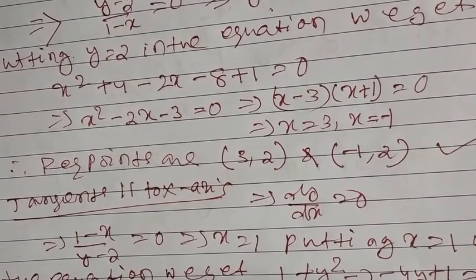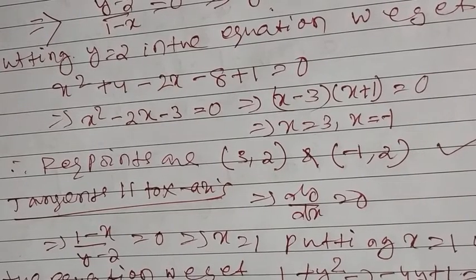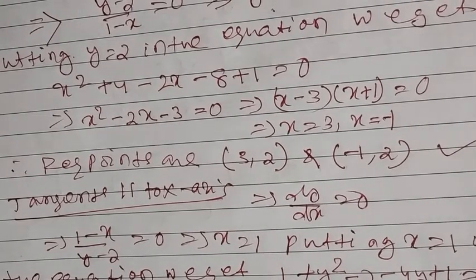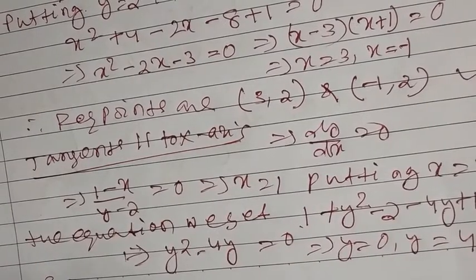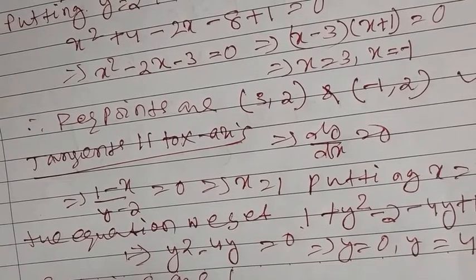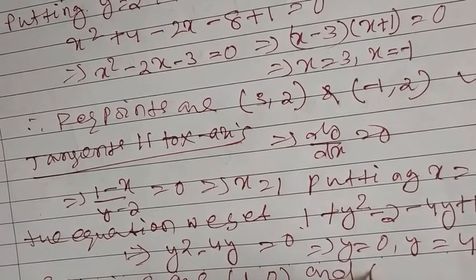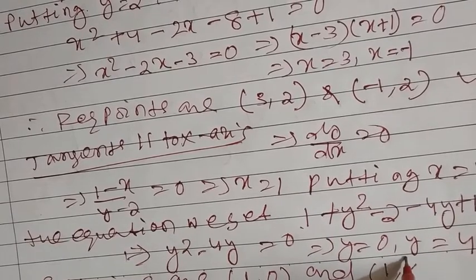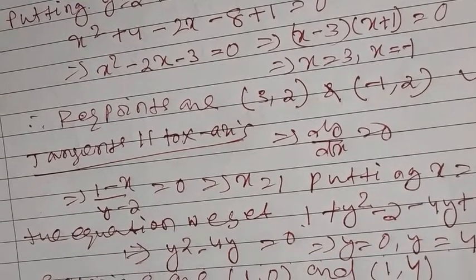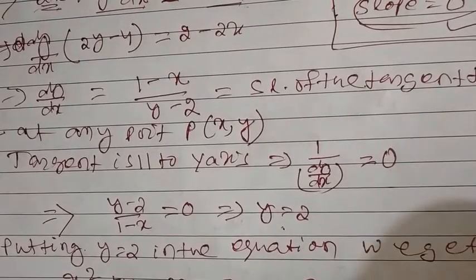Am I right? Minus 2, 1, 1, 2 cancelled. So y is 0, y is 4. So what are the required points? Points are x is 1, y is 0 and x is 1, y is 4. Getting the idea? At these points, the tangents are parallel to x-axis.